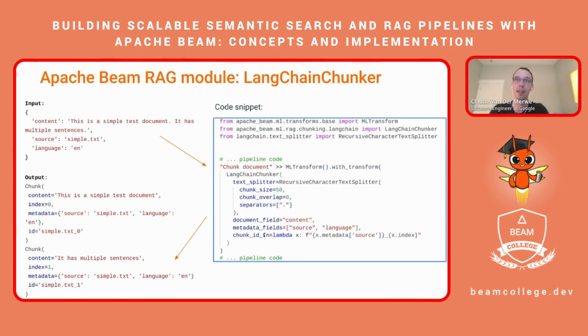And we want to define a new function to create our chunk ID as the metadata source and the index. So if we run this piece of code, our input will be split into 2 chunks, the first sentence, the second sentence. And we have our IDs here, the index, and the metadata will be the same since they come from the same document.